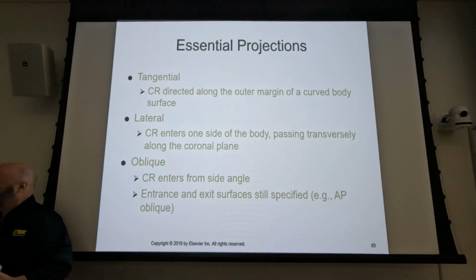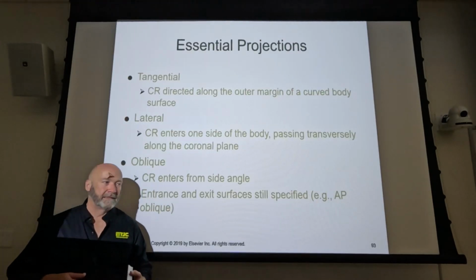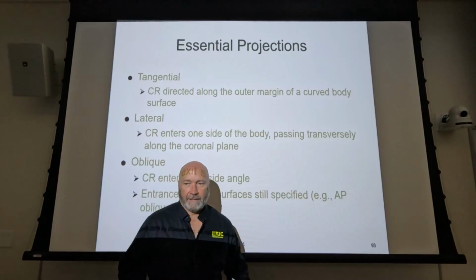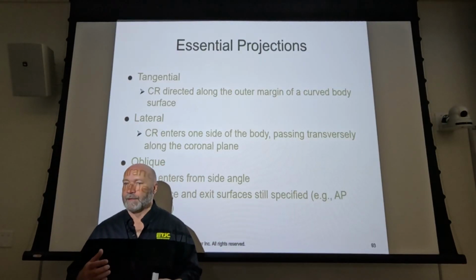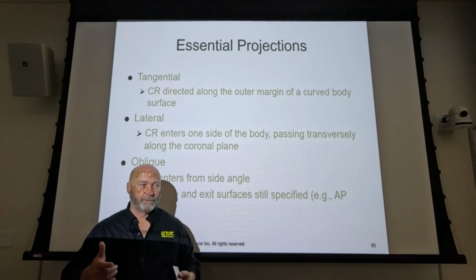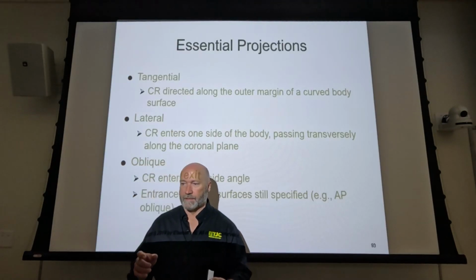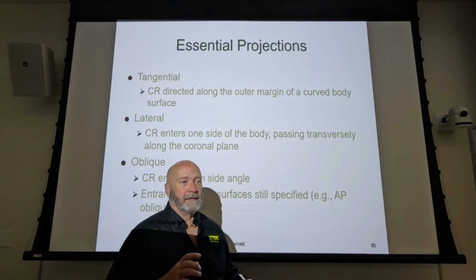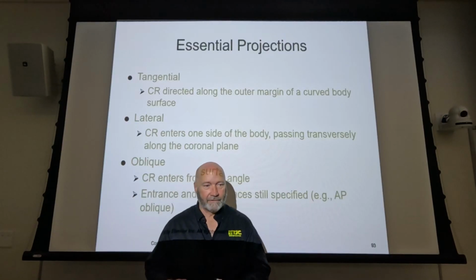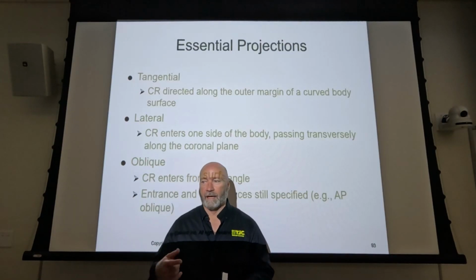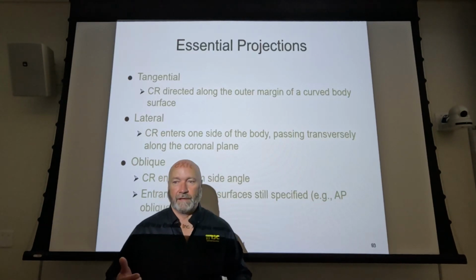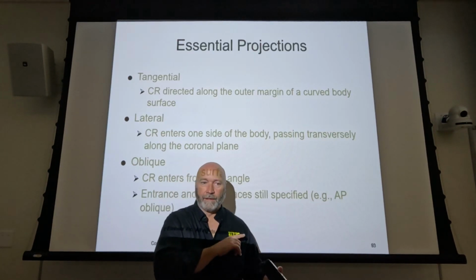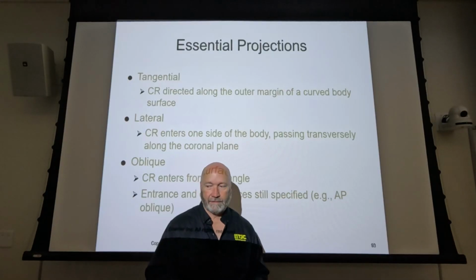All right, you're going to have a tendency to confuse axial and tangential. With a tangential, you might have a central ray angulation, you might or might not, but with a tangential, what you're doing is you're skimming the surface of something. So it's not exactly an axial. It could incorporate an axial angulation, but in a lot of cases, you can actually oblique the patient to get to a point of tangential.